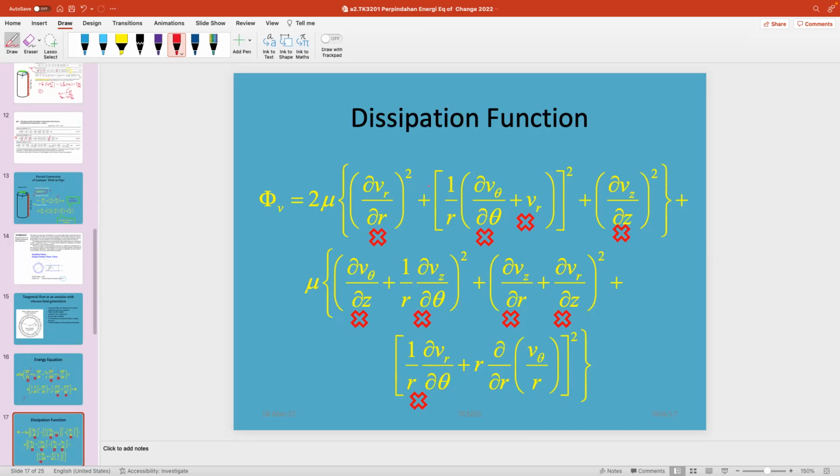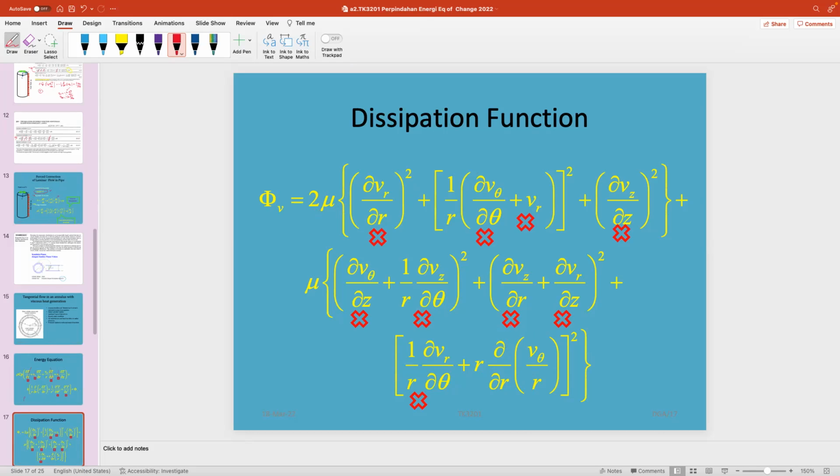We call it heat dissipation. Like before, it is defined by r ∂/∂r multiplied by Vθ over r squared. Remember, in the previous case we wrote heat dissipation as heat generation.